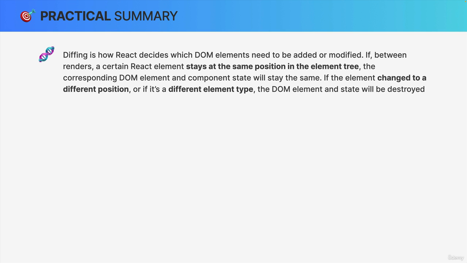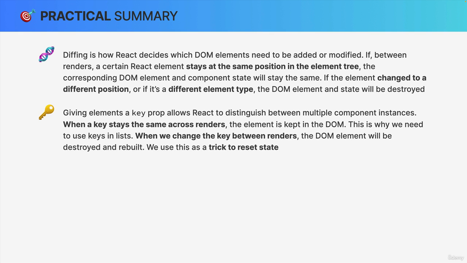Now, one cool thing about the diffing algorithm is the fact that we can actually influence it by giving elements a key prop, which then allows React to distinguish between multiple component instances of the same component type. So when the key on a certain element stays the same across renders, the element is kept in the DOM even if it appears at a different position in the tree.